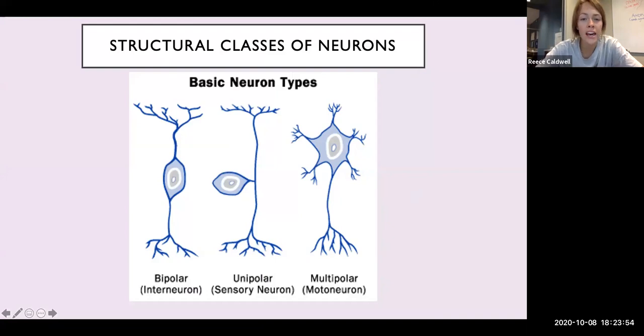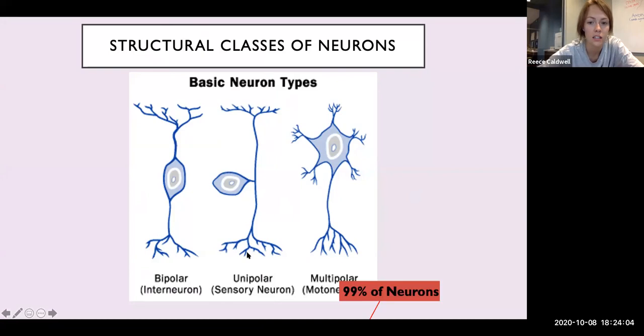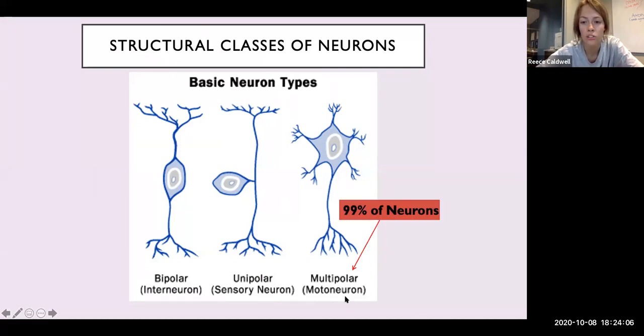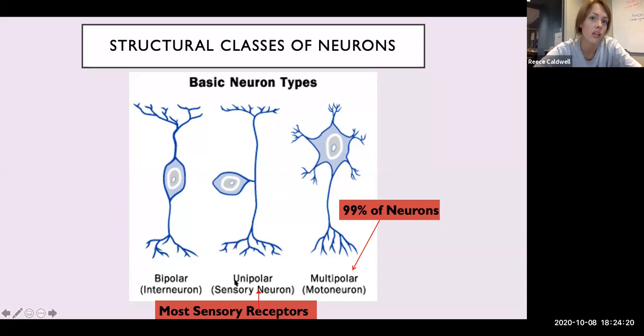So here we have 3 structural classes of neurons. I'm not going to have y'all study these, so do not get bogged down. I'll go over them really quickly, but you do not need to study these. So first we have the multipolar neurons. These make up 99% of our neurons. These are the ones found throughout our entire body. Then we have the unipolar sensory neurons, which are going to be like our sensory receptors, and we'll actually see a bundle of these when we look at the spinal cord.